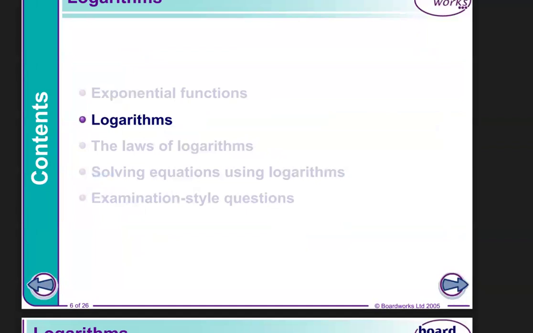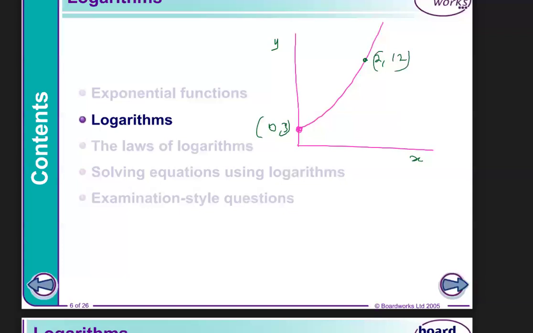If you have a curve like this, with y and x axes, the coordinates here are 0, 3, and the coordinates around here are 2, 12. You have those two coordinates there.